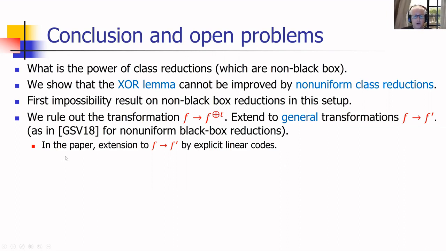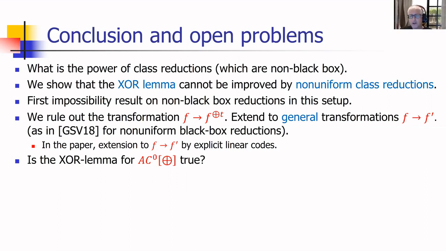But let me conclude with a more provocative open problem, courtesy of Emanuele Viola. Here's a question that Emanuele asked. Is the XOR lemma for AC0 with parity gates even true? Maybe the reason that we are having such a hard time proving it is not because it is hard to prove, but because it is in fact not true. And we may even have the tools to give a counterexample.